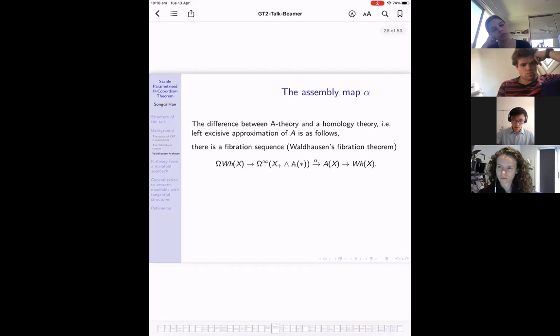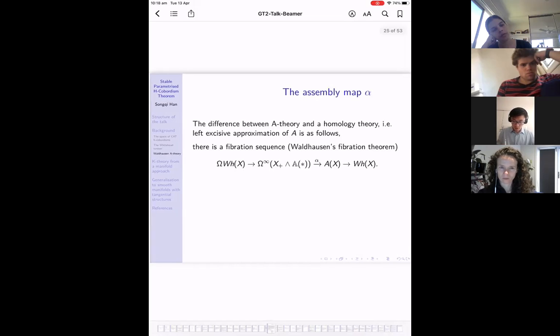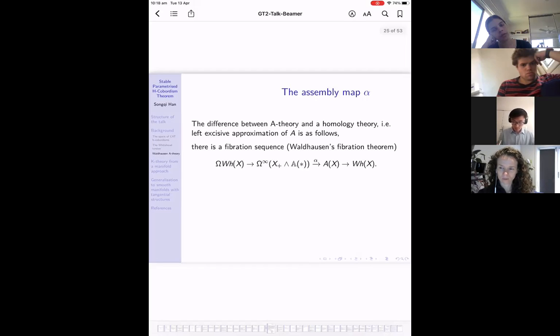Waldhausen used his fibration theorem to show that there's a fibration sequence, which we are going to use as the definition of the Whitehead space. As you see, the loop of the Whitehead space is the homotopy fiber of this map alpha, defined just by using homotopy theoretical methods.